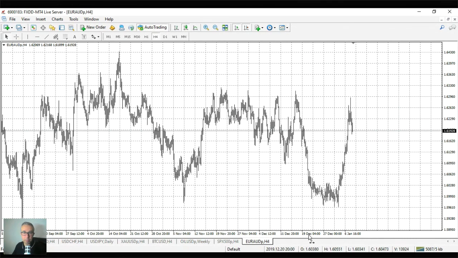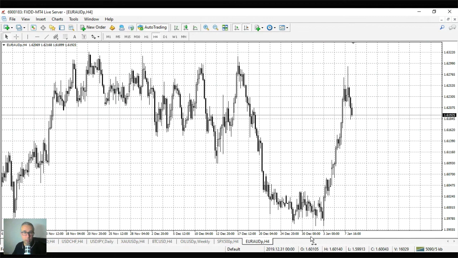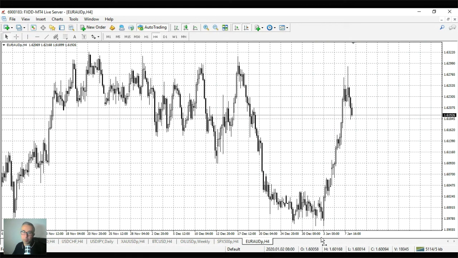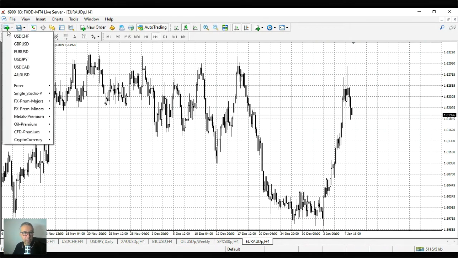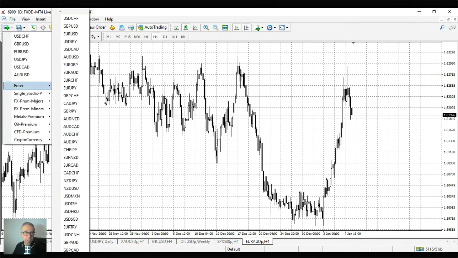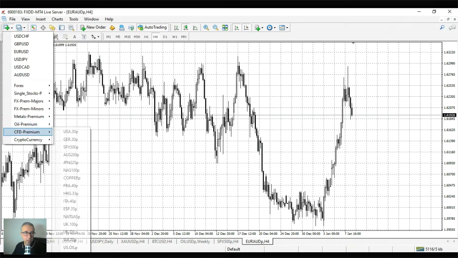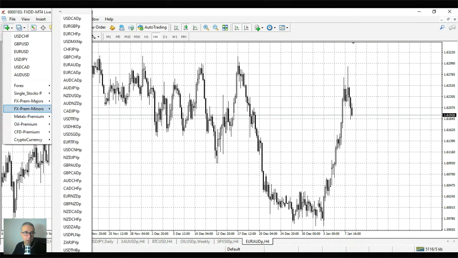But the momentum is up. So if there is a pullback and continuation, it could be valid for upside. But when scrolling out, you can see a lot of sellers here. So I'm not sure if we'll get that pattern. It is also quite rangy and choppy. So good chance we might not get that continuation. Maybe more interesting could be an exotic, like, for instance, the Aussie Swiss franc.